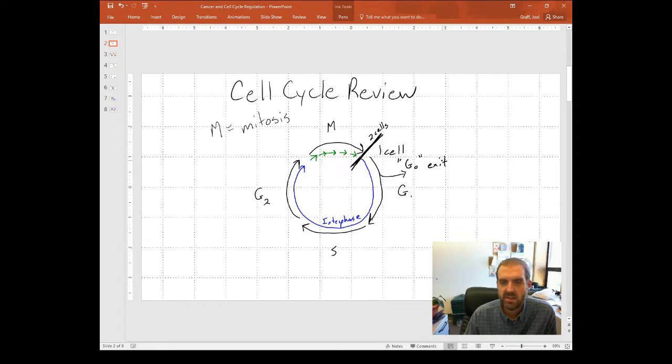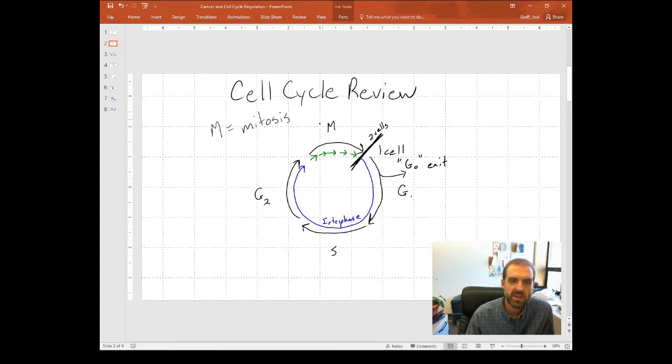You have some cells like nerve cells, muscle cells, adipose cells that aren't known for replicating. And so what happens is that once a nerve cell is established, it exits the cell cycle and just hangs out for the rest of your life. Hopefully. So anyway, those are the stages of the cell cycle.